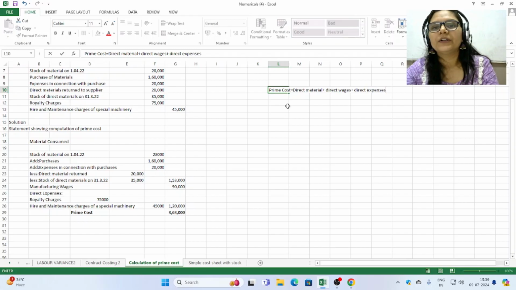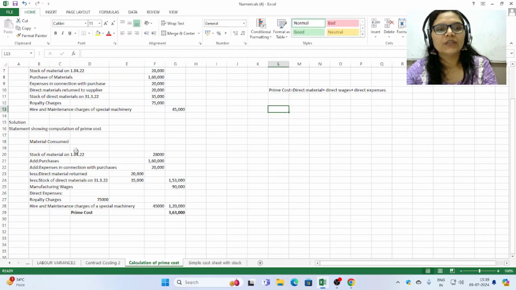These are all part of your prime cost. So direct material, direct wages plus direct expenses are all part of your prime cost and we have calculated them separately and this is what we call as prime cost.